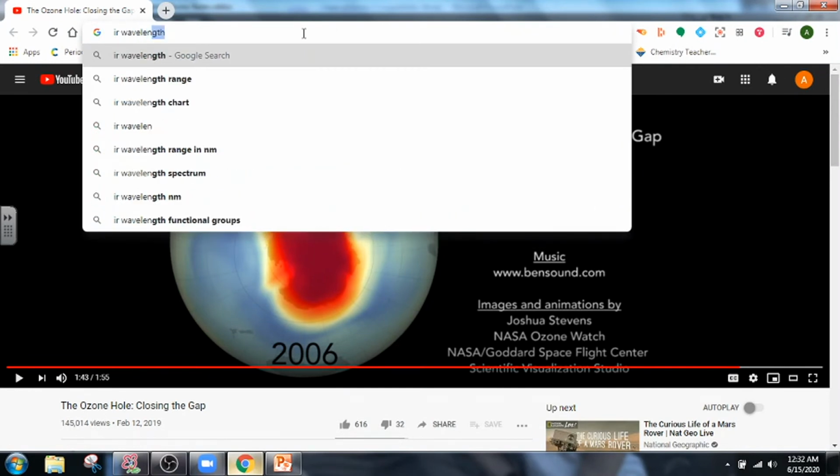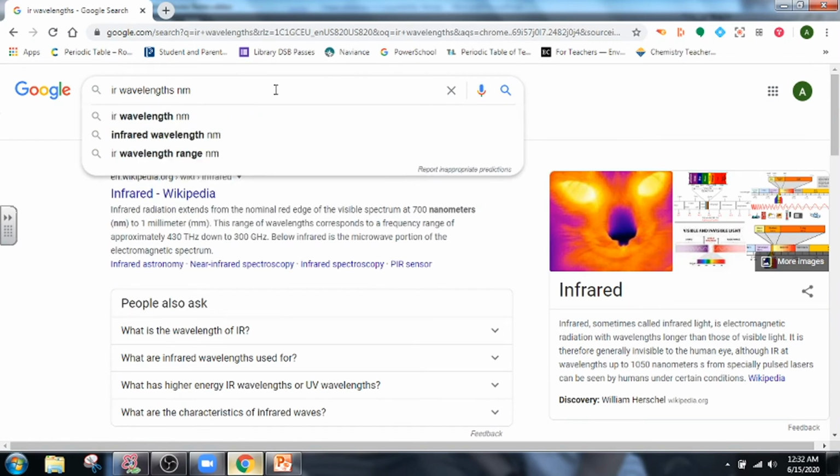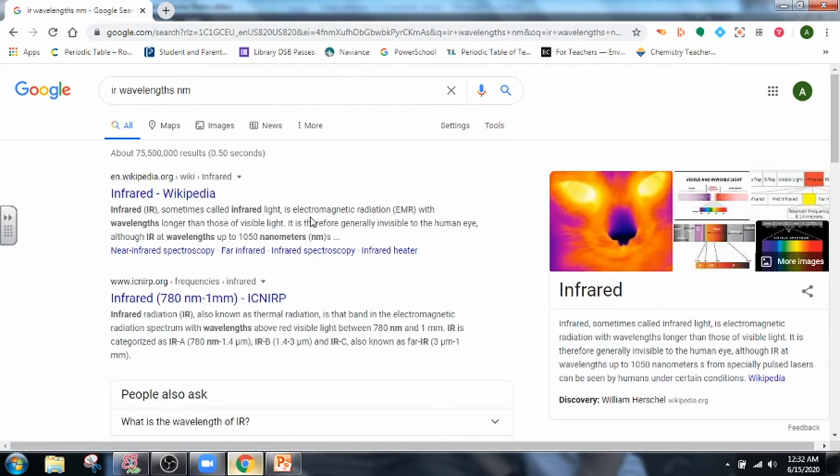IR wavelength. No, that's visible. Nanometers. Oh, right, because it's right at the end of our vis spectrum. Yeah, so like 780 nanometers.